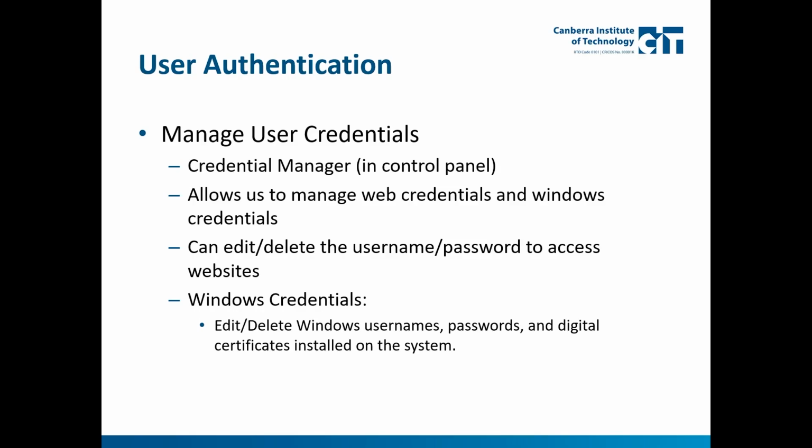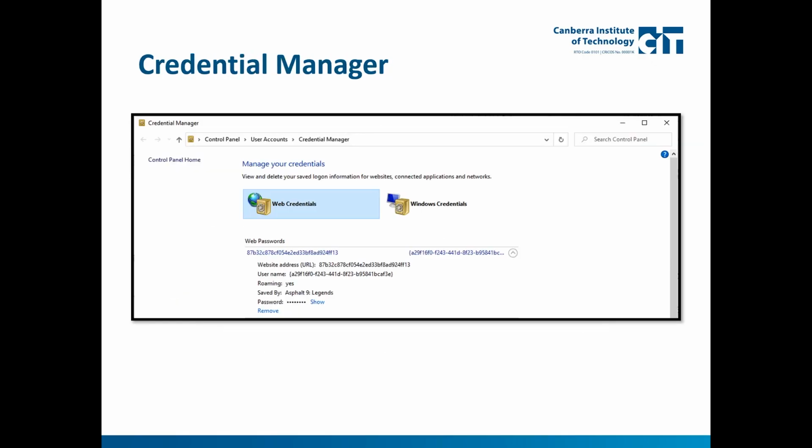If we use the manage user credentials snap-in, I'll just show you in a second how it looks, but it basically looks like something like this. Within our manage your credentials tab, which is inside our Control Panel user accounts, we can have a look at what credentials are saved within our system.